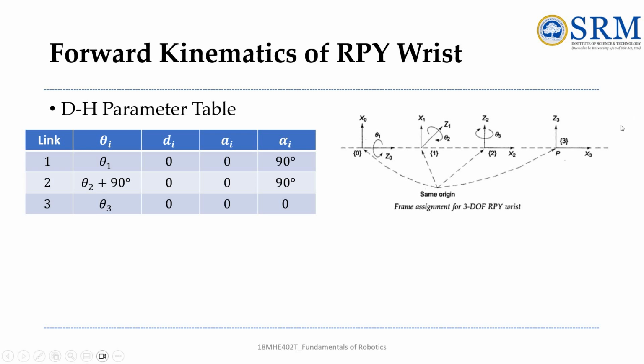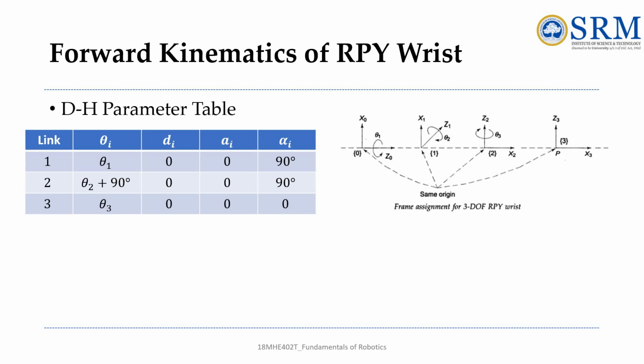And then along yaw moment, here we have yaw angle, that is theta 3 along z axis, so z axis along this common normal. Okay, so here again there is no link length and no offset. There are no degrees of rotation along the x-axis. Okay, so that is also 0. So this is how the DH parameter table is formed. So along the common normal, that is z-axis, we have to check.